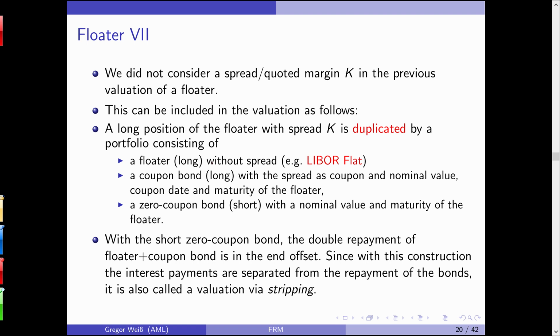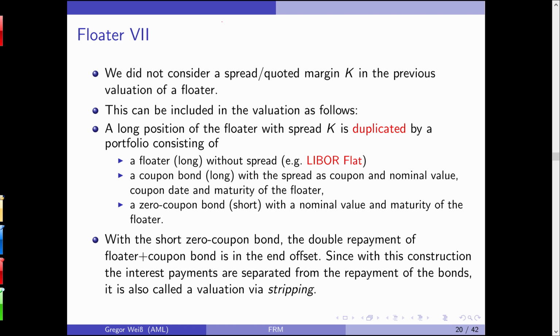Now, is that clear to everyone how this works? Especially the combination of a long and short position. So you're buying long and you're short selling the short positions, and you can duplicate a position in the floater with a spread.